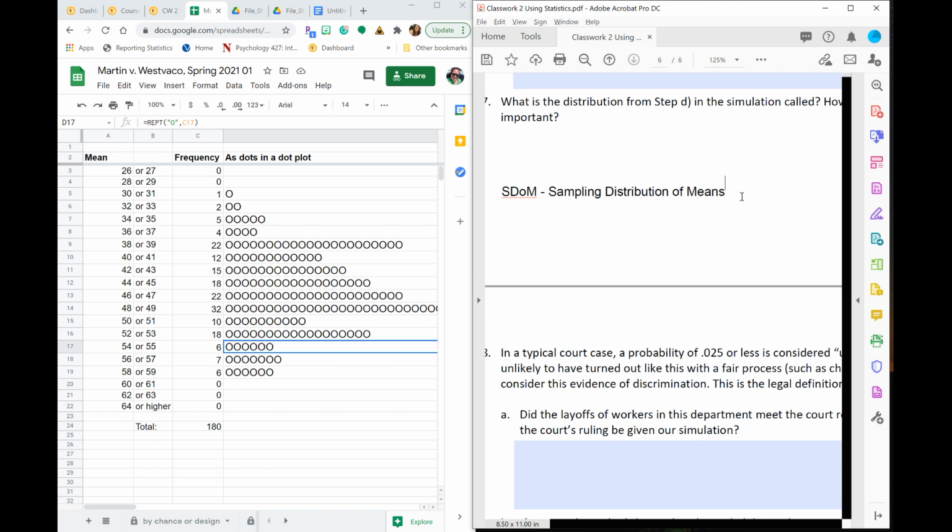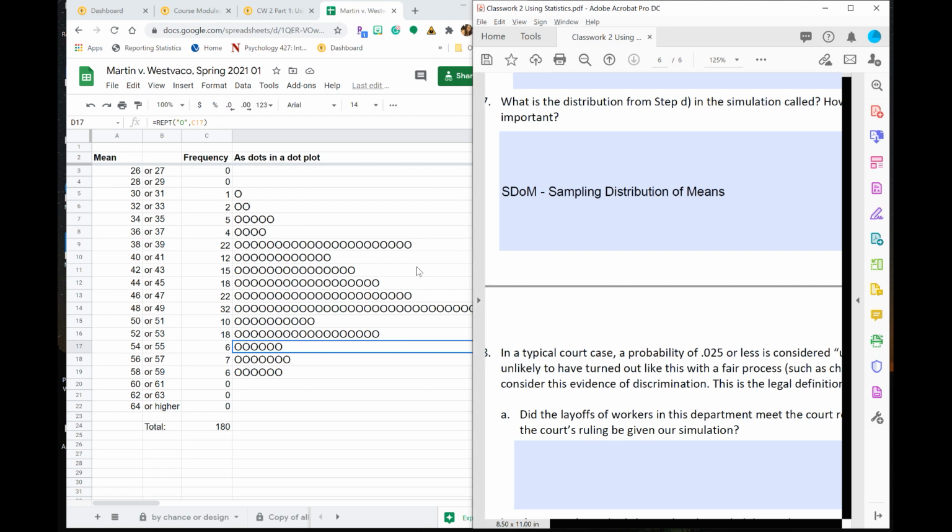And you may think, okay, great, but what's the sampling distribution of means? So basically, sampling, that's what we did with our simulation. It's taking sample after sample after sample, or in this case, we simulated sample after sample. So we simulated that sampling process of getting one sample, getting another sample, and doing it repeatedly. And then we use that to generate some hypothetical data representing a lot of different samples, all the kind of possibilities we would see.